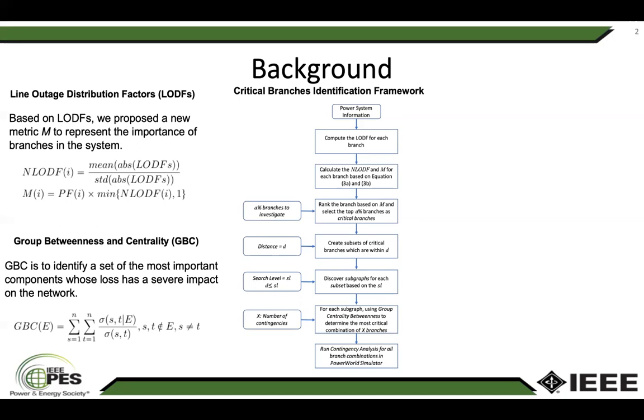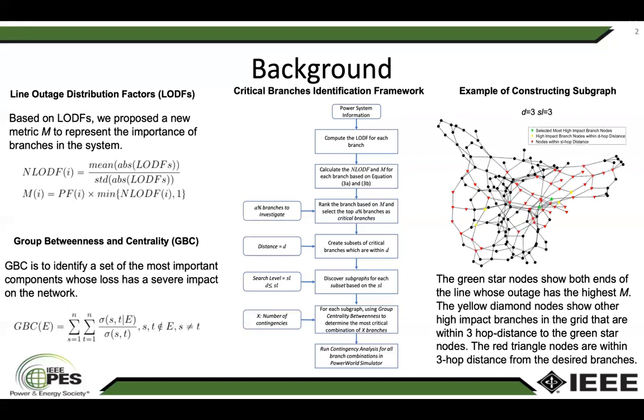For each subgraph, we will use the group betweenness centrality to select the most critical X branches. After that, we will run the contingency analysis to examine their impact to the system.